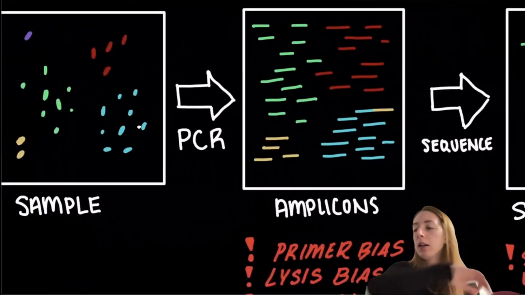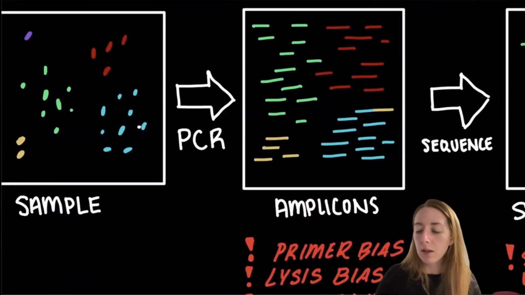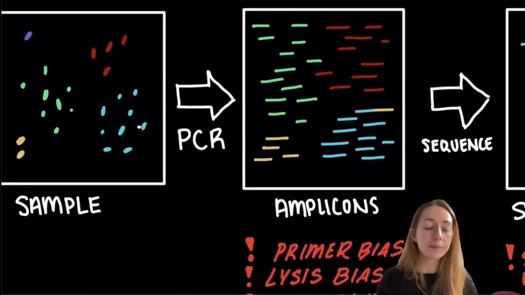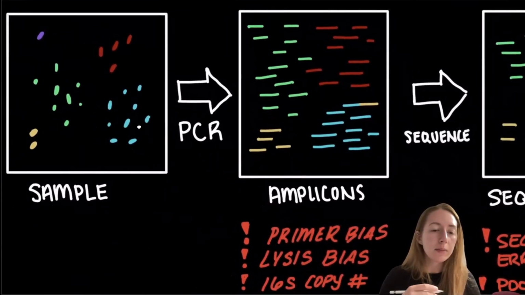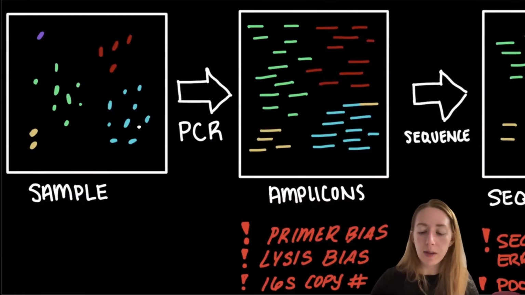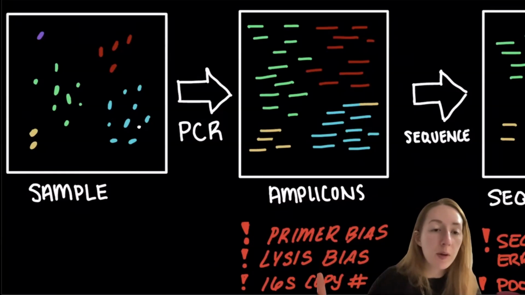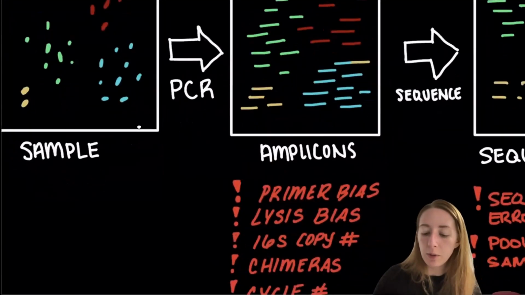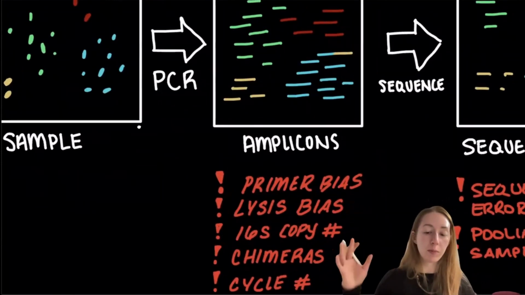We perform PCR, and now we've already, in a way, misrepresented who is there, because certain species are going to have 16S genes with higher primer affinity than others. So there's going to be a primer bias. Some amplicons are going to amplify more than others, and this is also made worse by cycle number. If you increase this to too many cycles, it's going to get even more disproportional.